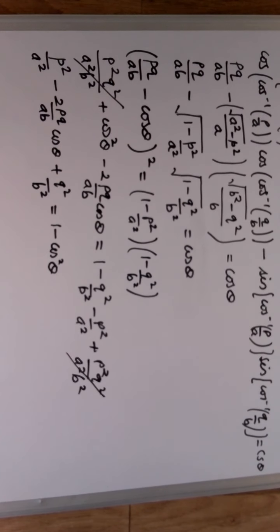Agreed? Let us cross check once again. P square by a square came left side, q square by b square came left side. This is there only, cos square brought, so we get here sin square theta. So we got everything, nothing is remaining.